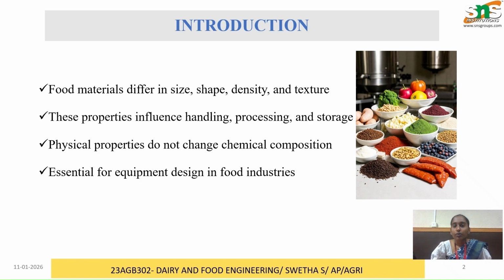Physical properties do not change any chemical composition like pH, acidity, or any chemical reactions like browning and caramelization, etc. It is also essential to design equipment in food industries, like any processing line and chambers. These are units like extruders that we majorly design in a processing line in the food industry.